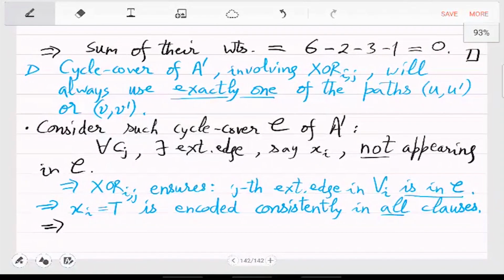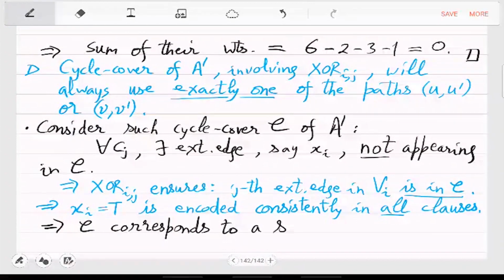So what we have achieved is that this cycle cover corresponds to a satisfying assignment of phi. Okay, so we have shown how a cycle cover of A prime gives you a satisfying assignment of phi.